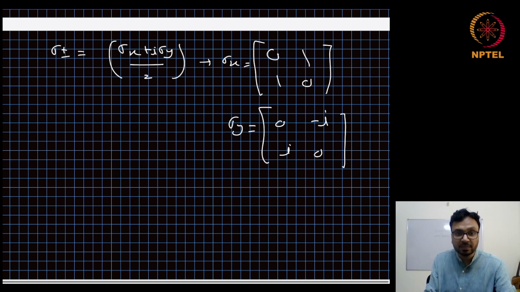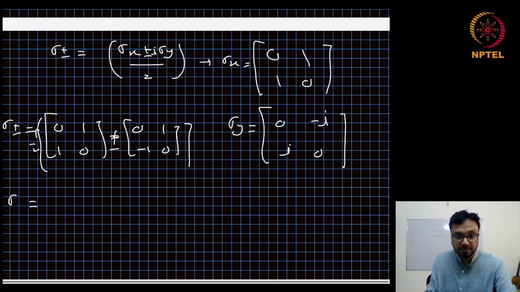Hence our sigma plus minus becomes ((0 1; 1 0) plus or minus (0 1; -1 0)) over 2. So sigma plus becomes (0 1; 0 0), and sigma minus becomes (0 0; 1 0).